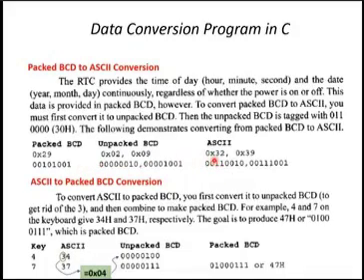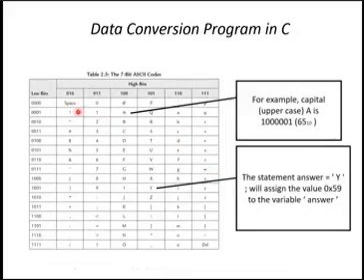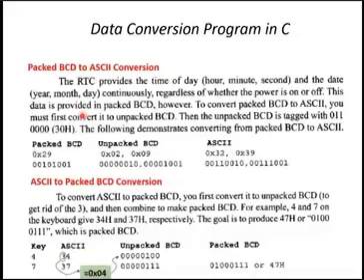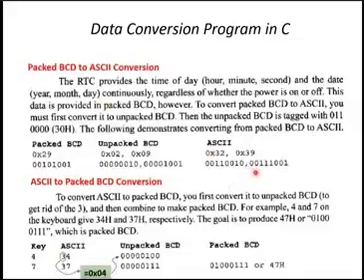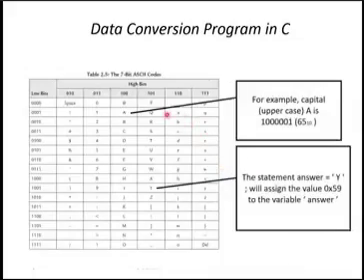However, to convert packed BCD into ASCII, you must first convert it to unpacked BCD. 8 bit, you need to convert to 4 bit. And then from here, the unpacked BCD is tagged with 0011, which is equal to 30 hexadecimal. So you need to tag with the 30 hexadecimal value.